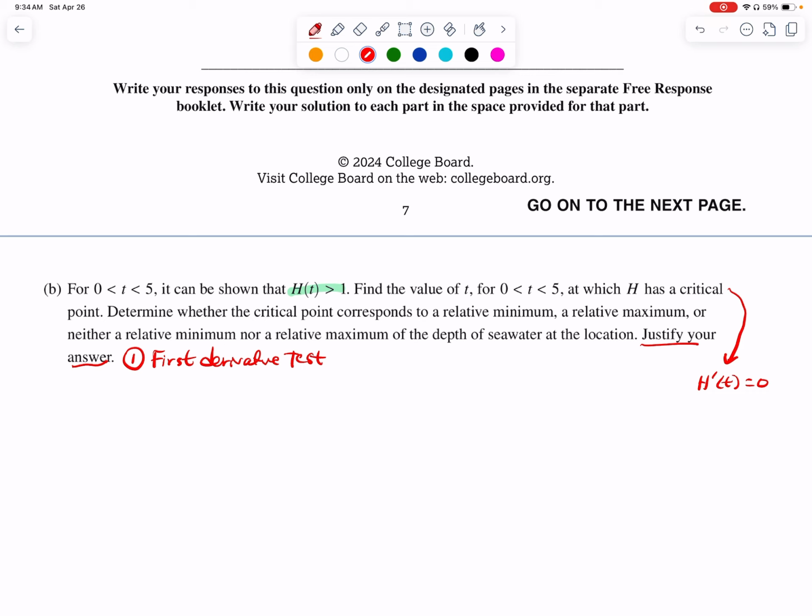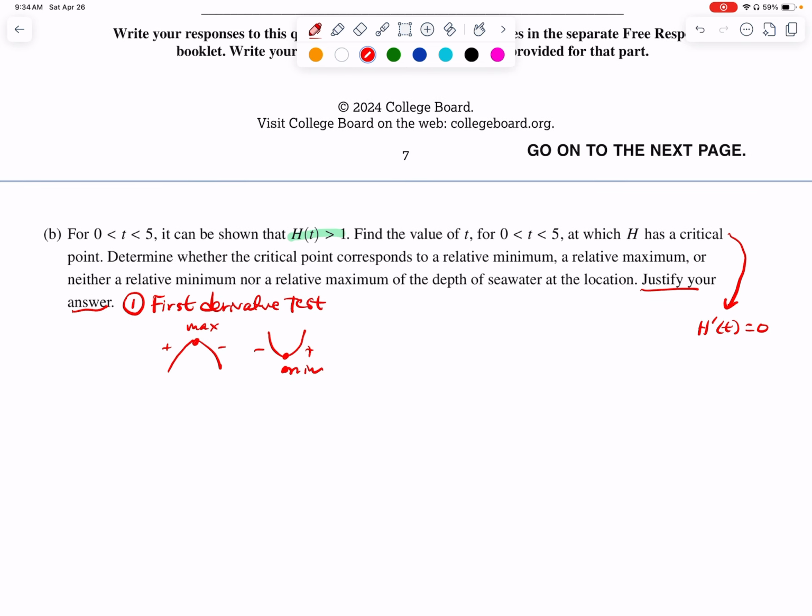If you go from plus to minus, that means your graph was going up and then it came back down, and you have a relative max there, correct? Yes. If your derivative changes from negative to positive, you must have a minimum here. Okay, first derivative test, fairly straightforward. And then our second option is the second derivative test.